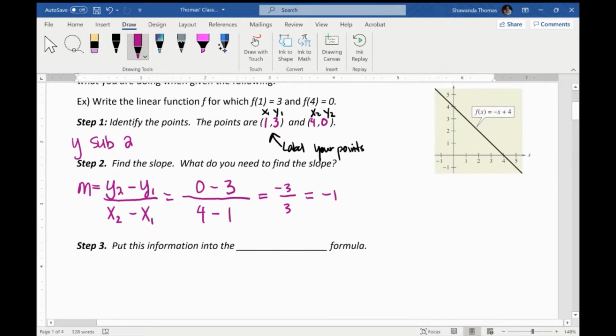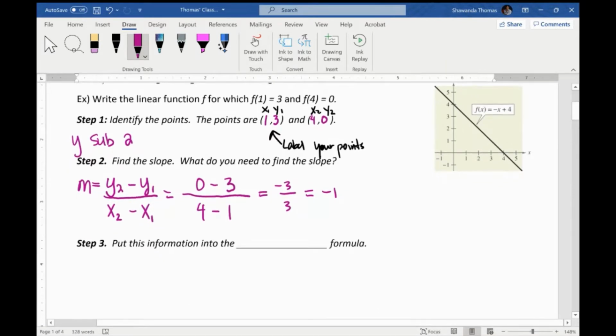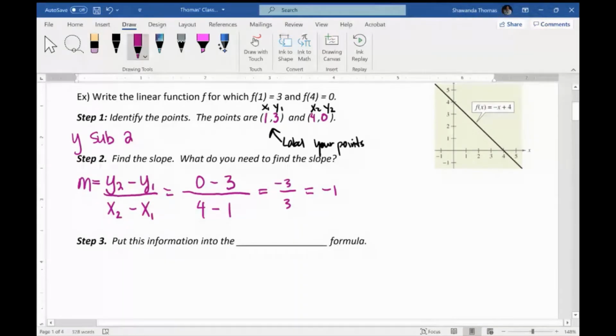Step 3, put this information into the blank formula. Anybody know what other formula I required you to learn or memorize? The slope intercept, or was it the point slope formula?